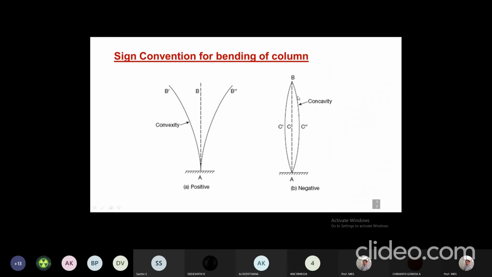In this manner the column is bending such that the concavity is seen with respect to the initial position, then we take that bending moment as negative. These are the sign conventions followed to derive the expression for Euler or buckling load. You need to remember and use this sign convention to derive the equations.